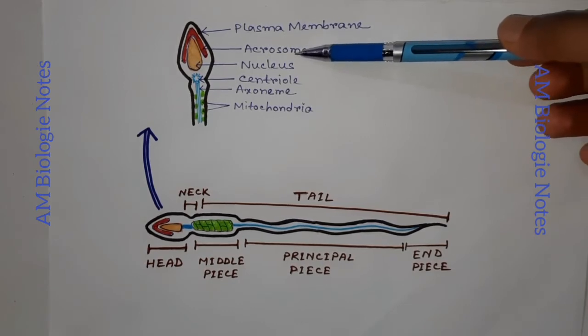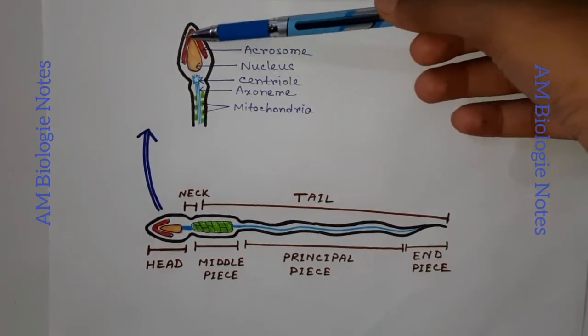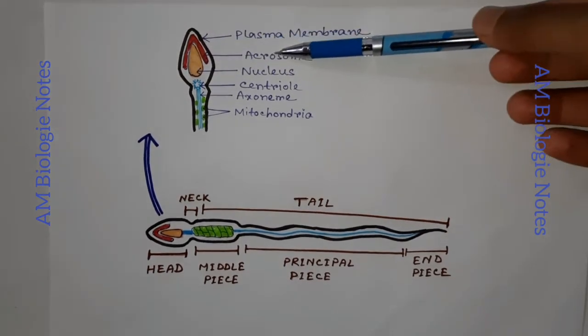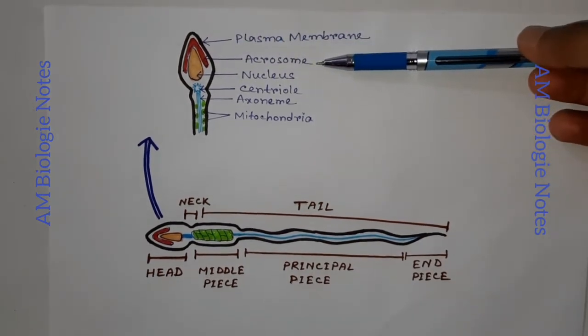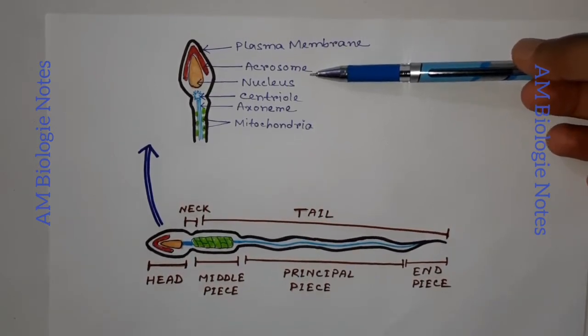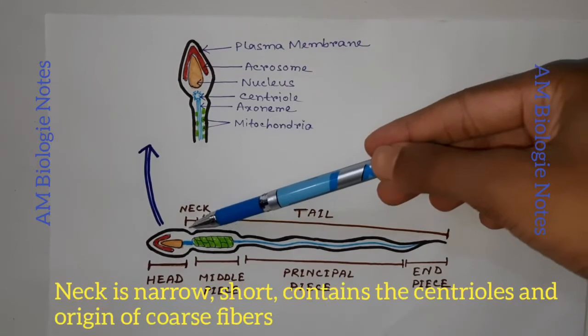The formation of the acrosomal vesicle is accomplished by the Golgi apparatus during the spermiogenesis process that I had already discussed in the last video.